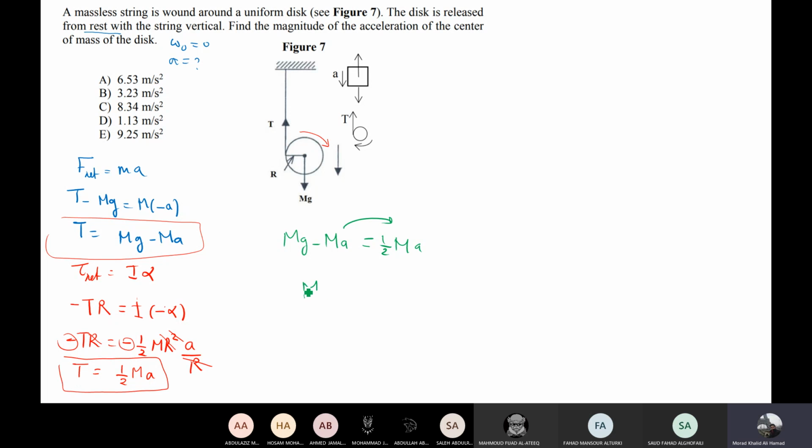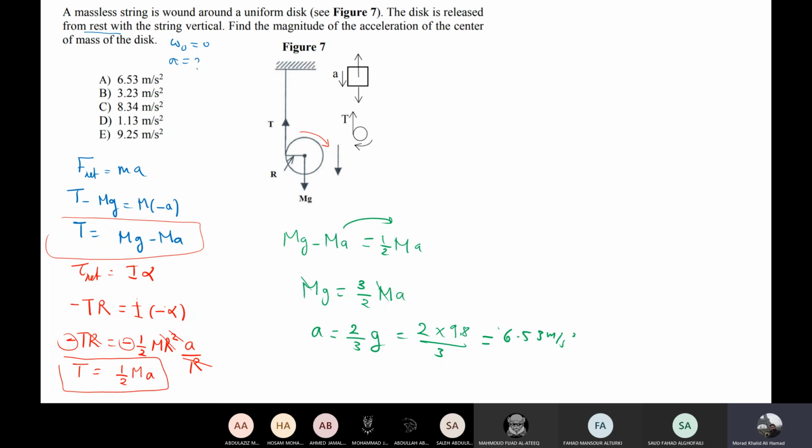I get mg is equal to 3 over 2 ma. m will go, so the acceleration is equal to 2 over 3 times g, which is 2 times 9.8 over 3. How much is this, guys? 6.53. It's correct. Okay, 6.53 meter per second square.